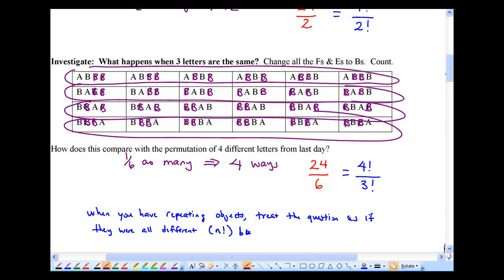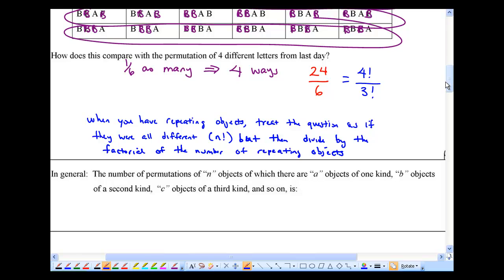But then divide by the factorial of the number of repeating objects. Now, if that is too complicated for you to understand, then that's what this little scroll here says.